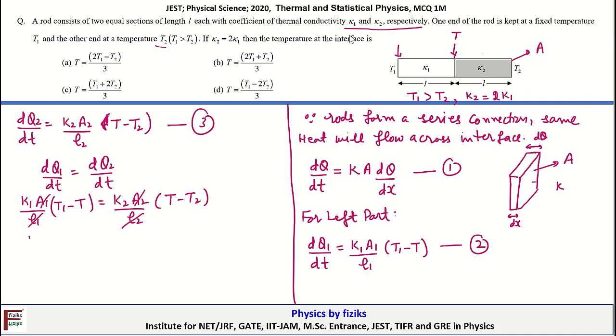So with this the equation reduces to K1 into T1 minus T is equal to twice K1 into T minus T2.